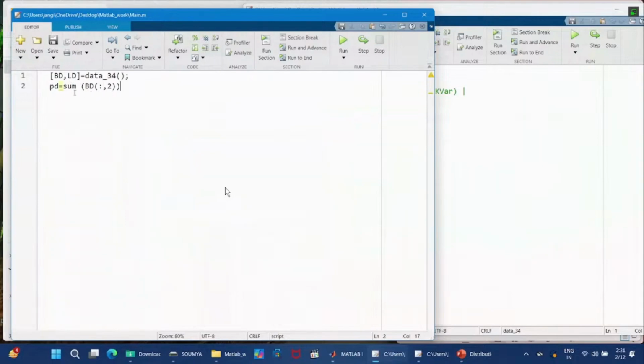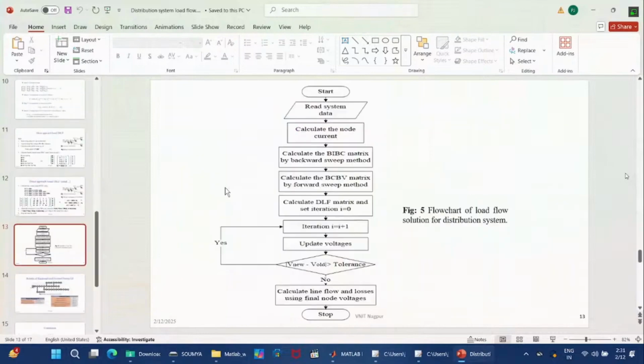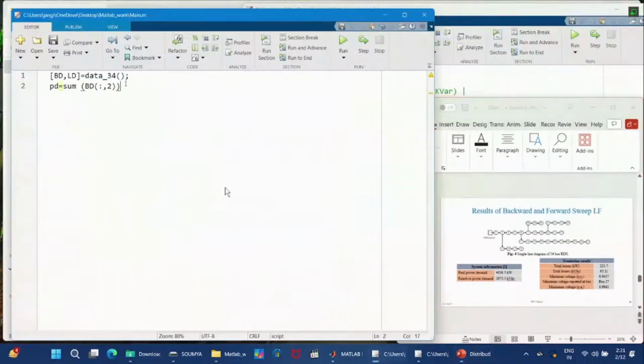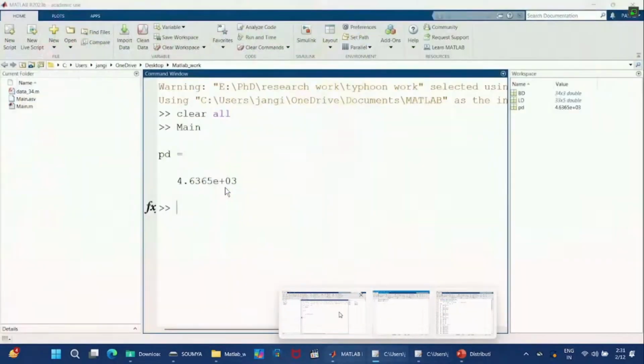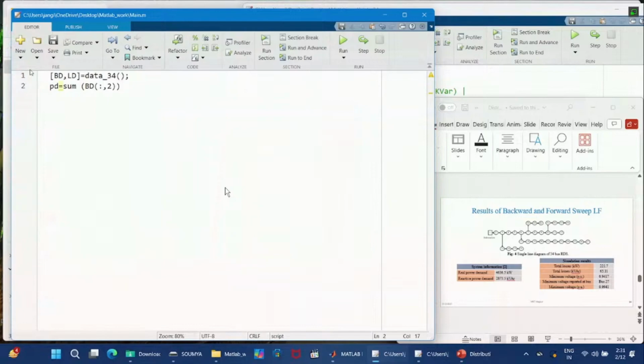I simply used the sum command, and if you remember, in the morning we had a discussion, our total power demand in the general scenario was 4636.5 kilowatt. When I execute this, it is hopefully coming 4636.5. Okay, it is e to the power 3. It is showing like this.